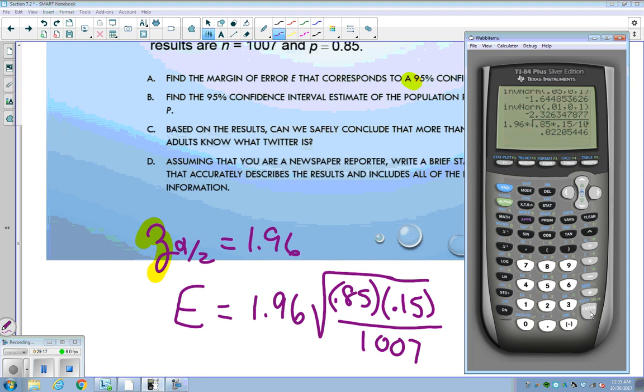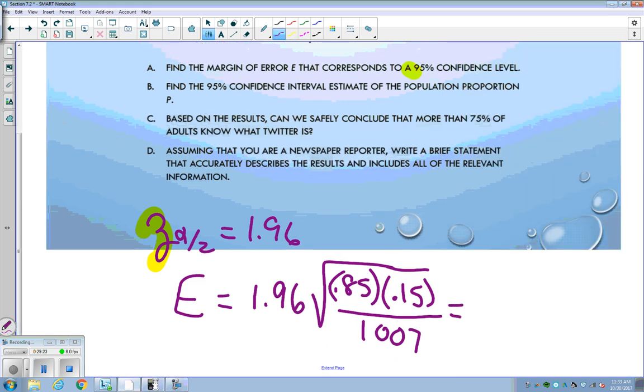And we get 0.022054. Is that right? Okay. So I've calculated my margin of error. My margin of error is 0.022054.